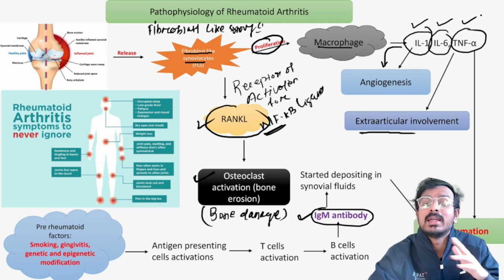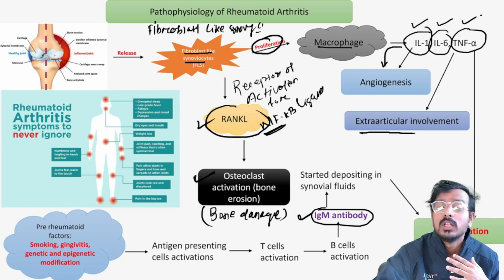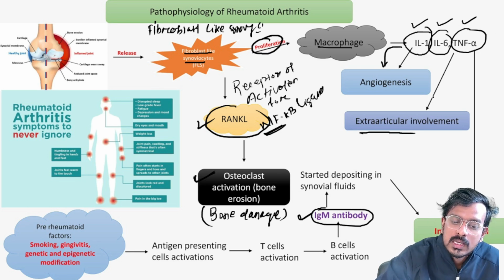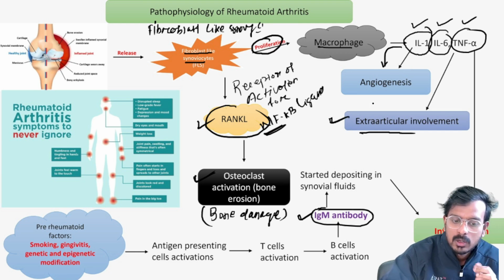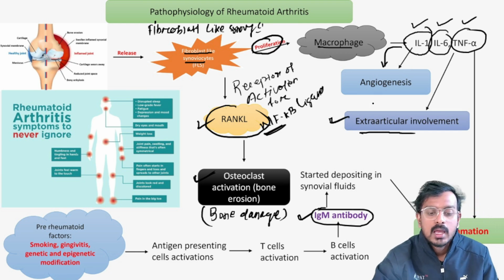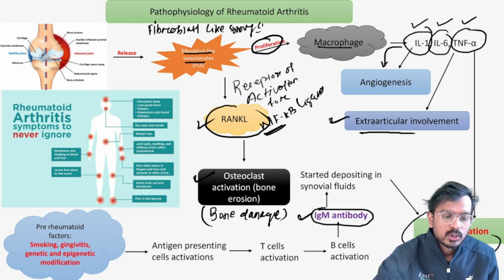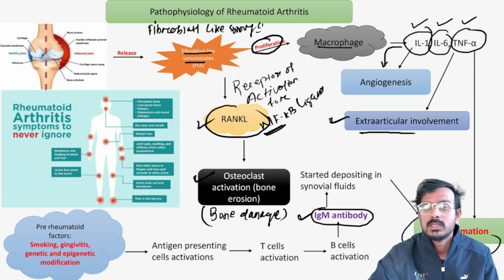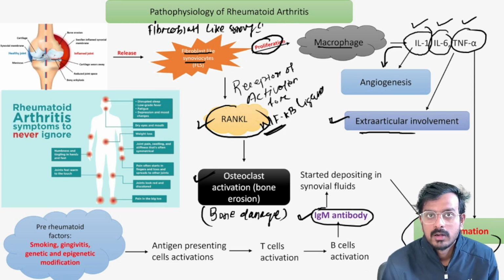So inflammation to other organs can occur due to this systemic involvement. This is due to the TNF alpha that is generated, so that's why it is involved in extra-articular involvement. Also, it participates in inflammation. So this is the basic pathophysiology of rheumatoid arthritis.